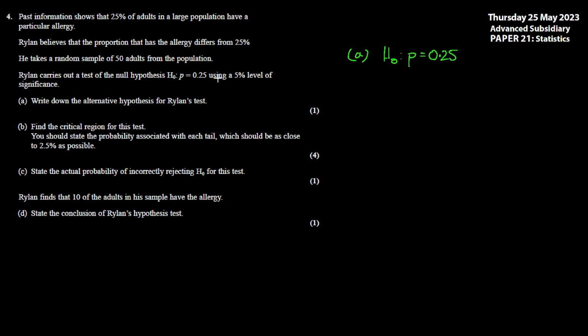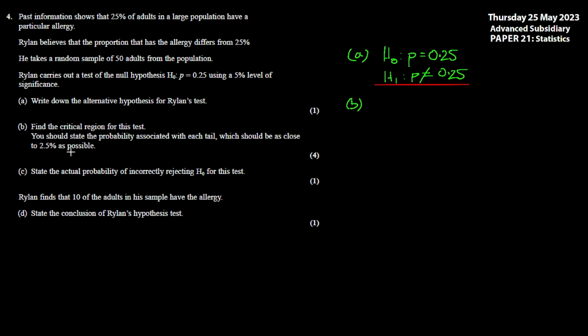He's not saying that the population of adults having an allergy is less than or greater than 0.25. He's saying that the probability is just different from 0.25. So his new hypothesis, H1, is that the probability is not equal to 0.25. And that's the answer to part A.